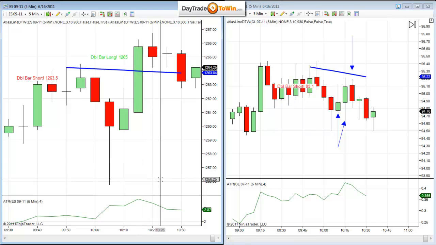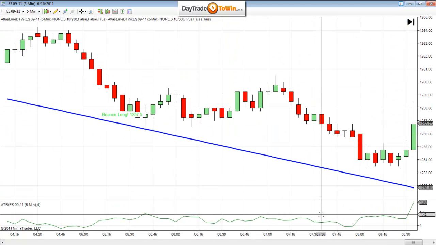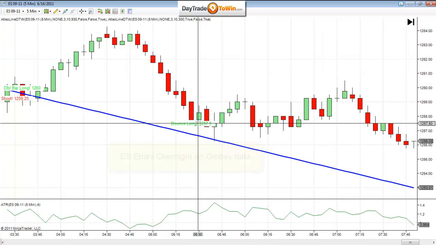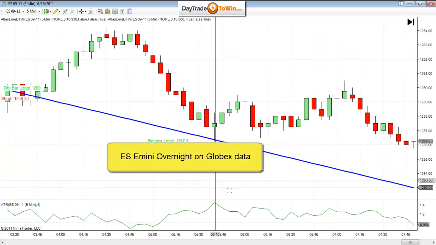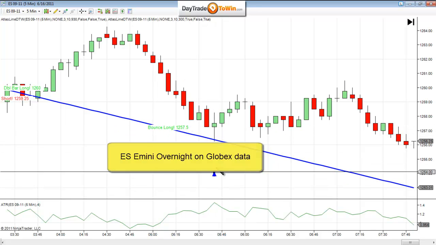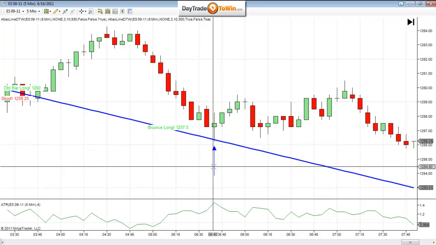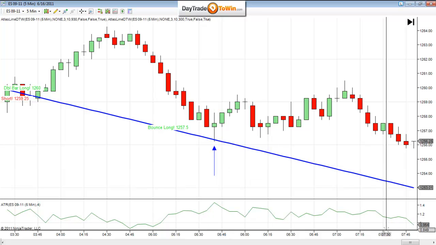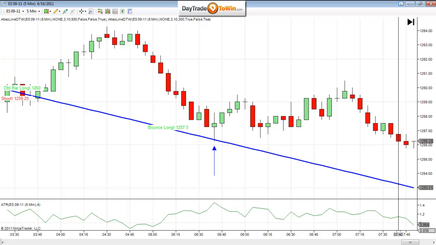Let's take a look at this overnight. And now, I guess to answer your question, Richard, a little bit clearer. See this bounce long that occurred here overnight, right there at about 5:40 in the morning? It hit the Atlas line and bounced off. What color is that candle? Candle's green.